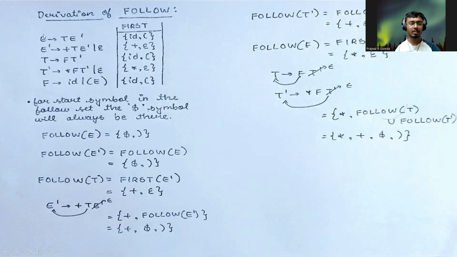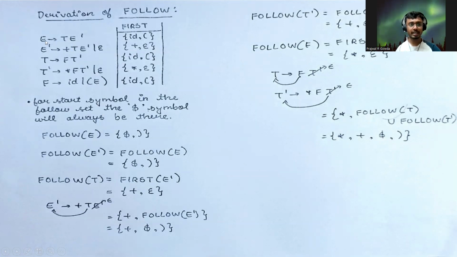Let us consider the non-terminal E. For follow of E, let us check the right hand side of all the grammar productions to see whether they contain the non-terminal E. Here, the productions which contain the non-terminal E are in this production. E is followed by closing parenthesis.